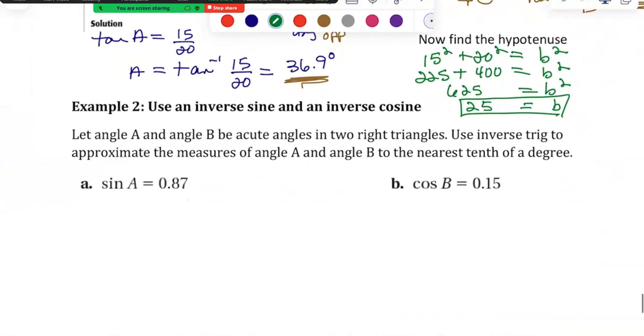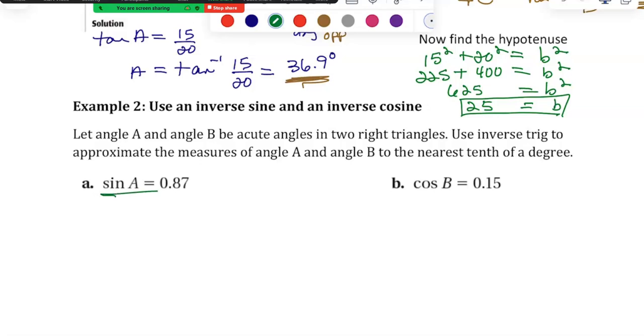Okay, example 2. What if I give you this as a decimal? How will you get the angle? Well, a decimal is just another way to write a fraction. So take your inverse trig of 0.87 in your calculator. That was sine inverse of 0.87, and I'm getting an angle of 60.5 degrees.